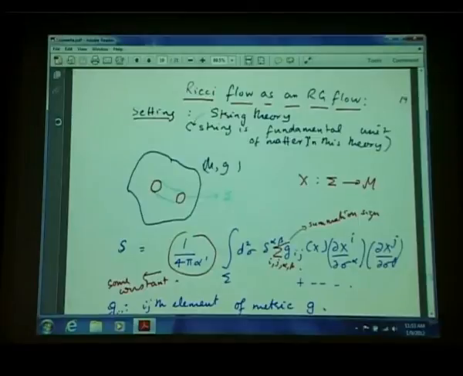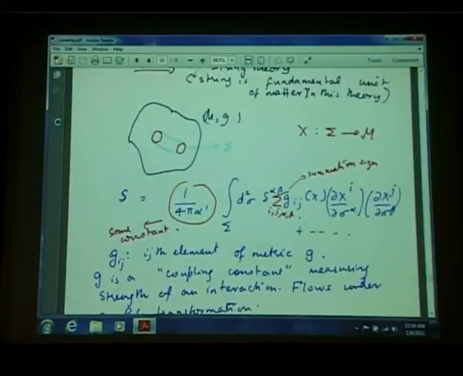Suppose I have some smooth manifold M with a Riemannian metric G. I have a string in this smooth manifold which moves, and as it moves it traces out a two-dimensional sheet called sigma. The sigma is embedded in this M, and the x's are the embedding coordinates.